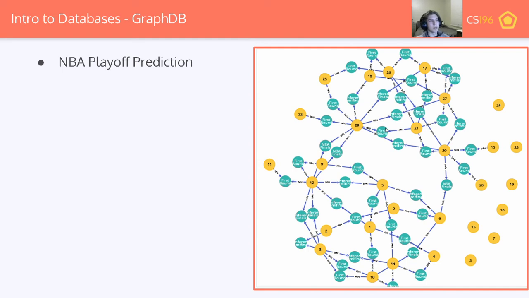Let's say two teams have never played and you want to figure out how they're going to do against each other. Well, we can find all of the shortest paths between those two teams and figure out who won more often against who. An easy way to think about this is, if I won against a team who won against the team I'm about to play, it's likely that I'm better than that team, right?